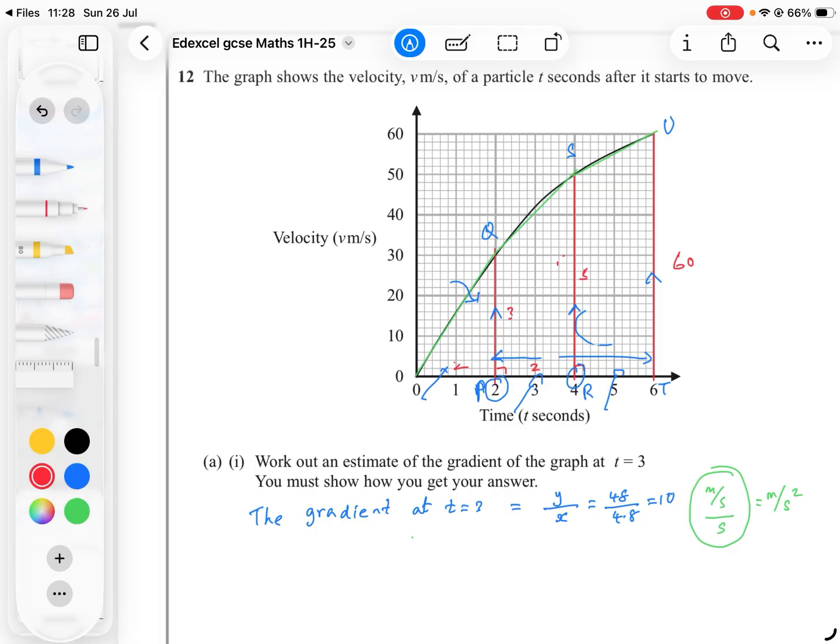The first one, OPQ, is a triangle. Then PQRS is a trapezium, and this one is also a trapezium. You have parallel sides, one small and the other big. So you have 3 strips, one of them a triangle and the other 2 trapeziums. We need to work out the area of the triangle and the area of the 2 trapeziums.